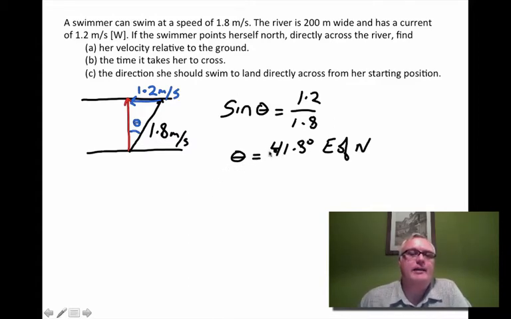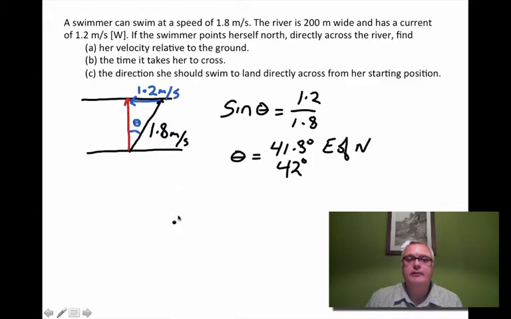So if they head at 41.8 degrees east of north, and if we round this to two significant figures, that would be 42 degrees east of north, they'll end up traveling directly across the river when you account for the river traveling west.